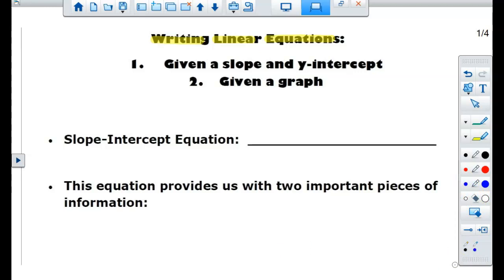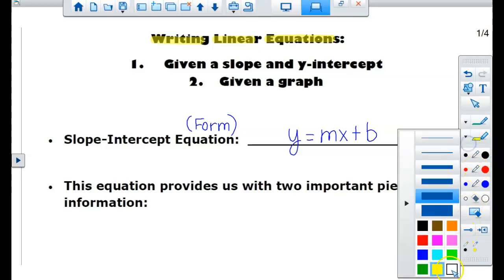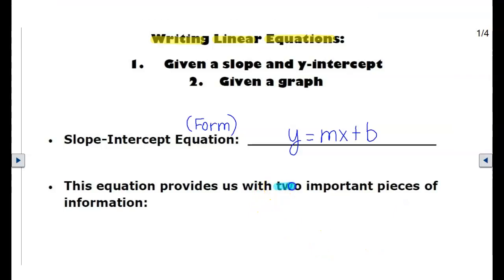So first of all, let's make sure we remember our slope-intercept equation, also known as slope-intercept form. And we know from all of the work that we've done lately that that is our old buddy, y equals mx plus b. We have seen and worked with him a lot. That equation is really important in algebra because it provides us with two very important pieces of information about our line.